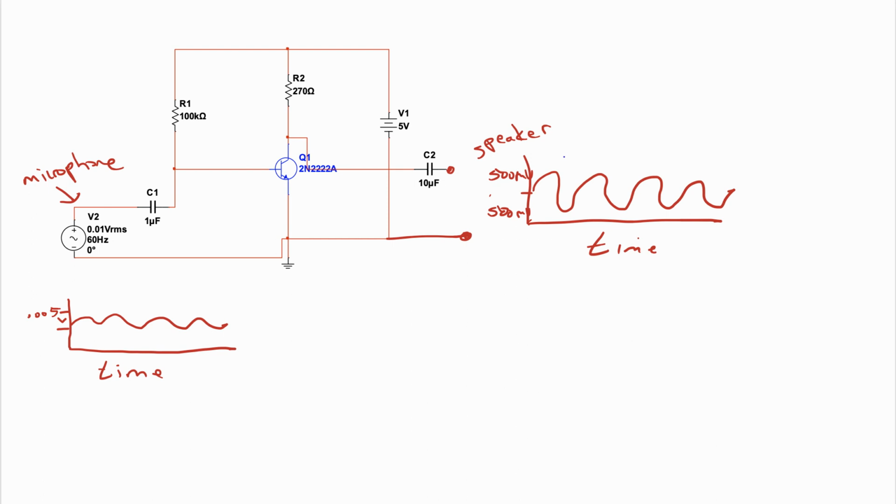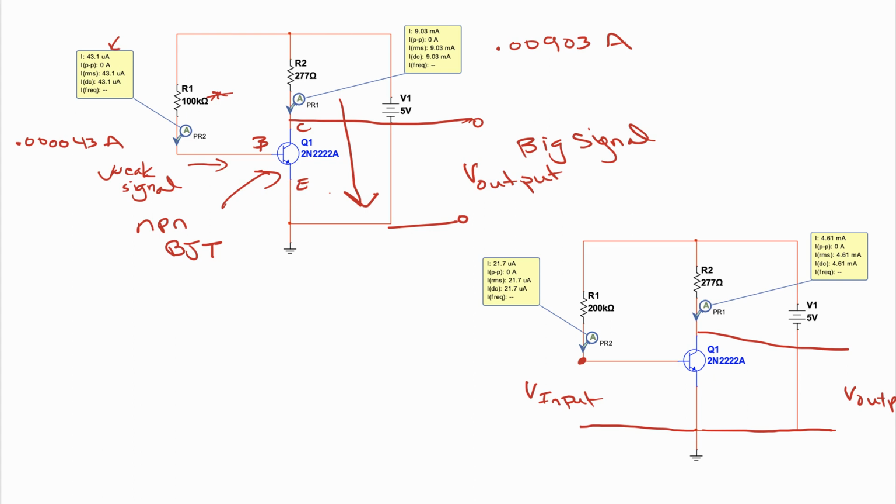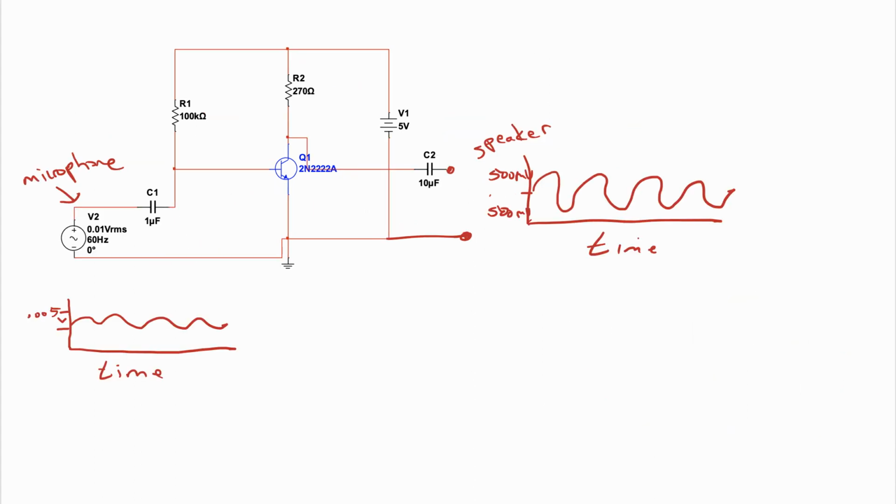So there we have it. The common circuit elements for the electronics merit badge, and the most difficult, of course, is the transistor, which can be confusing if you've never seen it before.